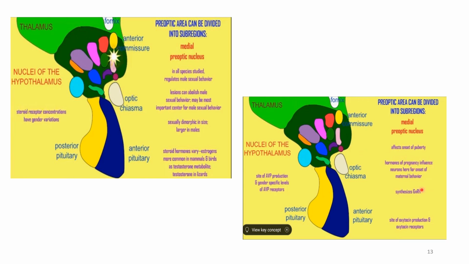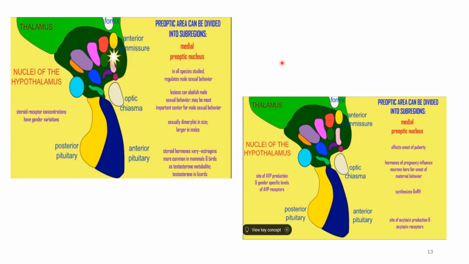Hormones of pregnancy influence these neurons for the onset of maternal behavior. It synthesizes GnRH, and it is the site of oxytocin production and oxytocin receptors. And it is the site of AVP production and the gender specific levels of AVP receptors.